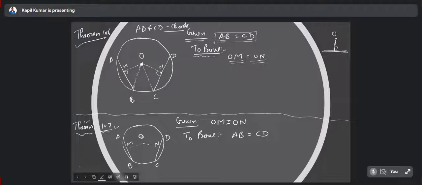We have two triangles, one is OMB and another is ONC. So in triangles OMB and ONC, what is the thing you can say that is equal in these two triangles?